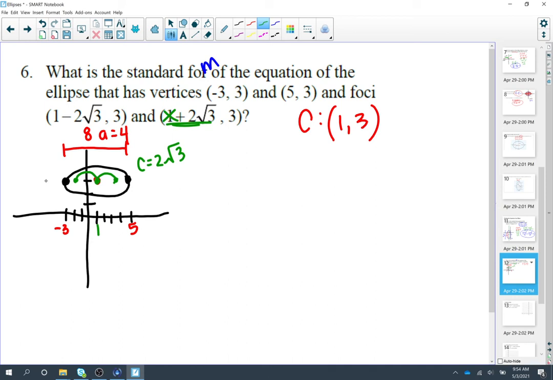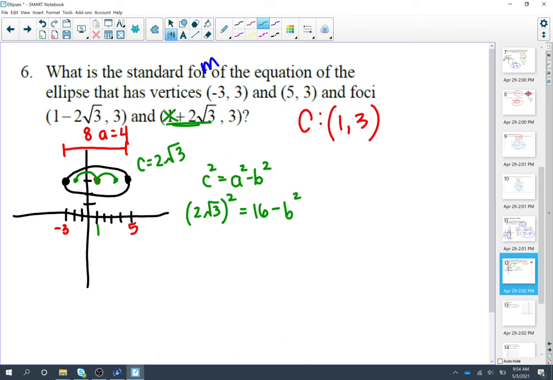From here, we're going to use that to find our B value. So C squared equals A squared minus B squared. Keep in mind if you're doing C squared, you have to use parentheses because you have to square the whole thing. And then A we said was 4, so 16 minus B squared.